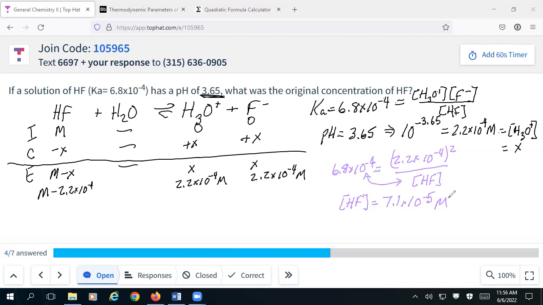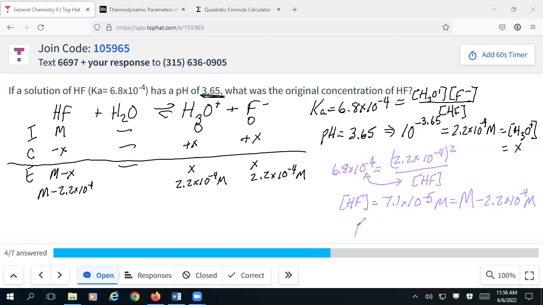Now, I know that this value is equal to whatever my initial value was, minus 2.2 times 10 to the negative fourth. Algebra says I just need to add 2.2 times 10 to the negative fourth to both sides.